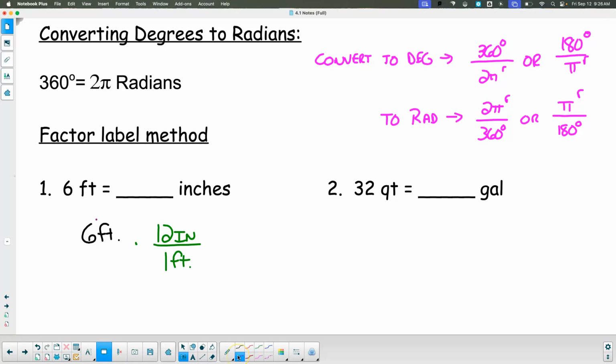And then my label cancels out, because I've got a foot on the top and a foot on the bottom. And so then I get my 72 inches there. We'll get more and more into the factor label method when we start getting onto the speed chart on Tuesday.